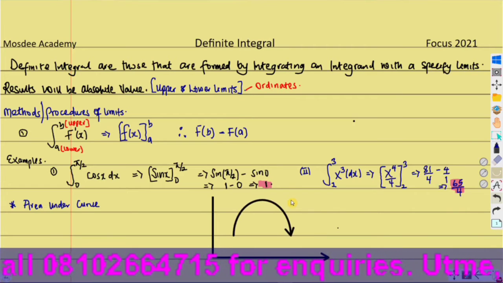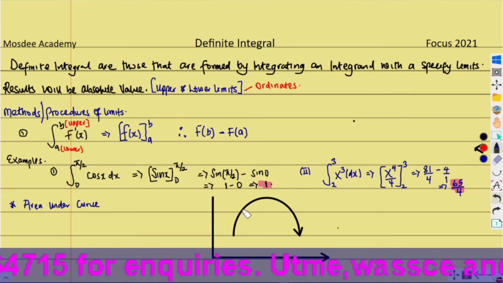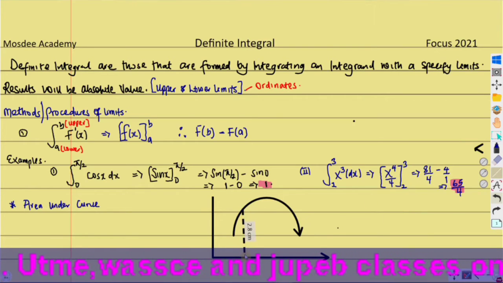So we have a curve like this, and inside the curve we have different points. Now let me just indicate 2 points. I'm taking one as point y, and the other I will take as point x, trying to make it a little bit clear.